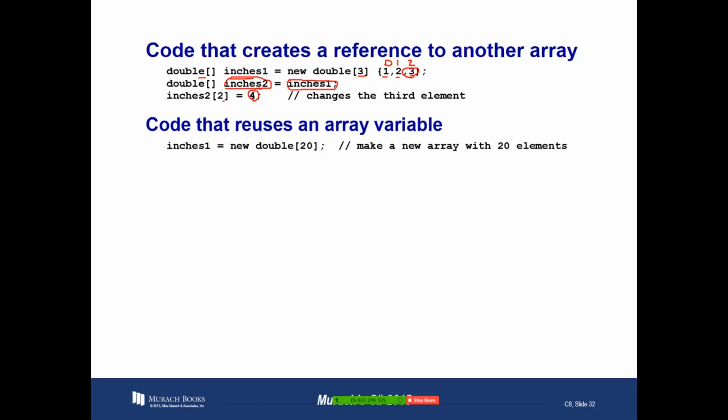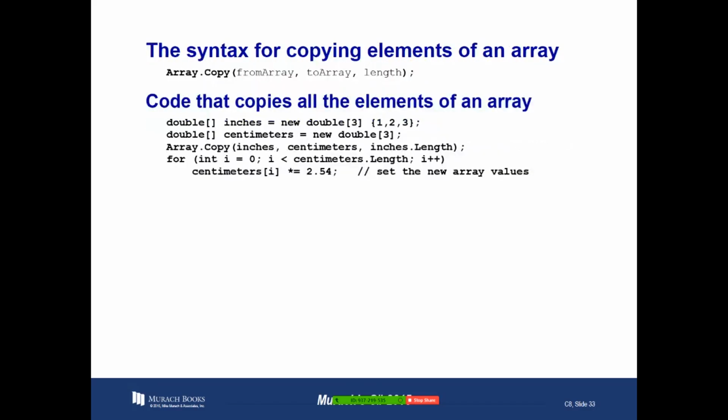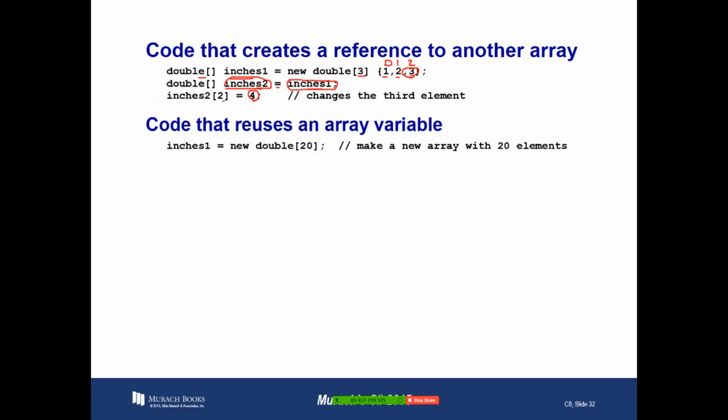And this is a reference, so it actually changes it back in this one also. Is that right? I think that's right. So this just sets a reference. So after you execute this, that means that inches 2 is the same as inches 1.